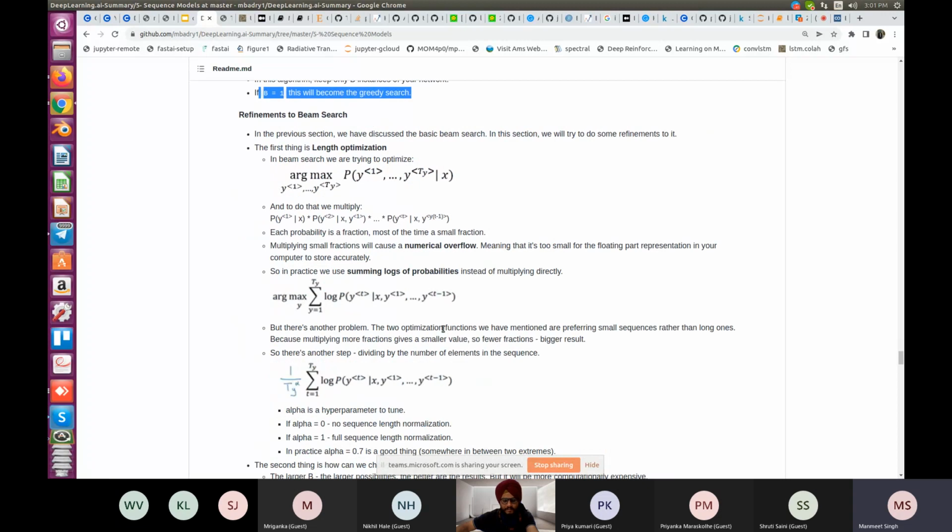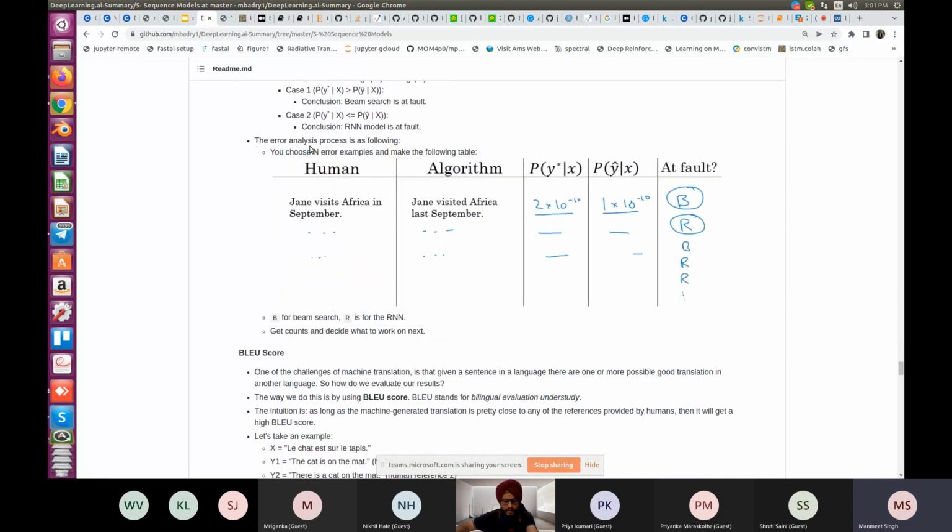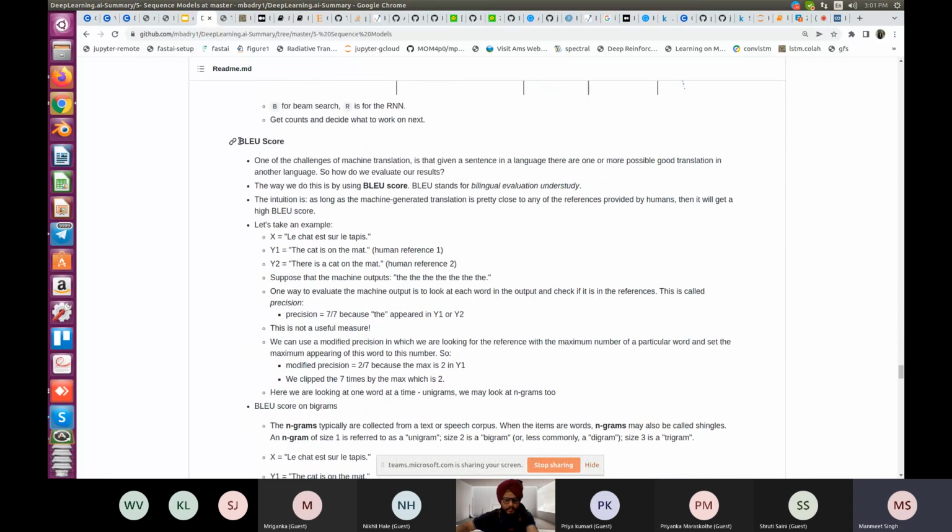There are some refinements you can do to beam search. Let's not go into the details. And then there is something known as the BLEU score. The BLEU score is how you would assess or analyze the error of two sequences, for example, if those two sequences are from natural language.